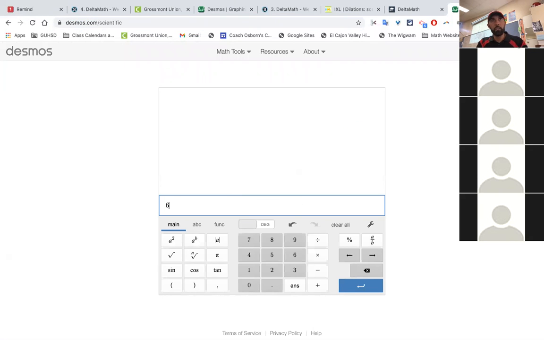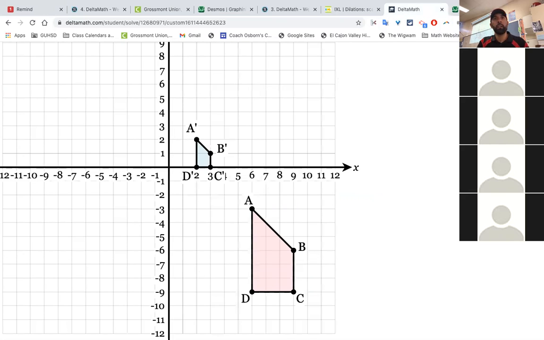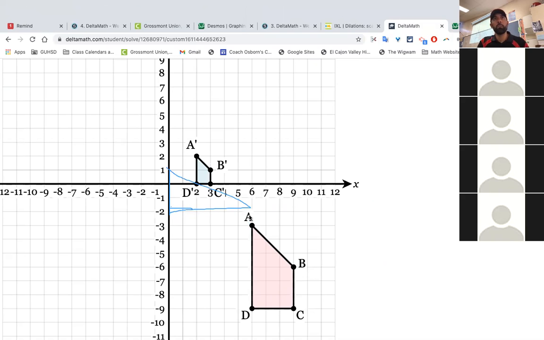So I take my 6 and multiply it times 1 over 3. I get 2. So on that side of the triangle, this is going to reduce from 6 down to 2. This thing keeps jumping around, I apologize.